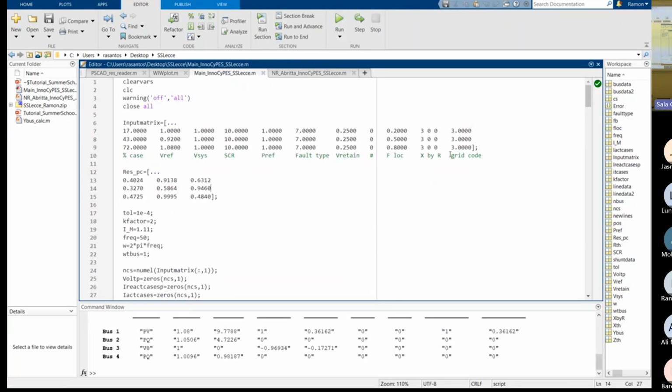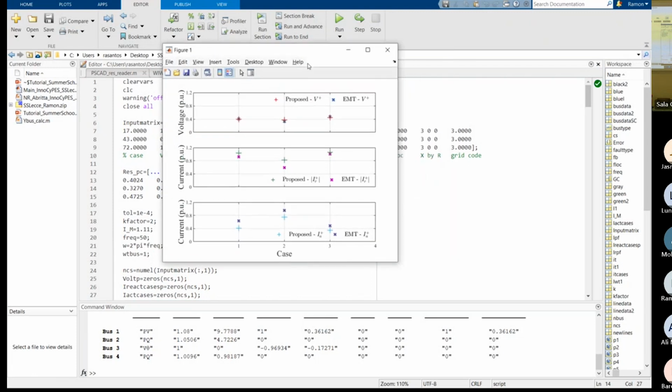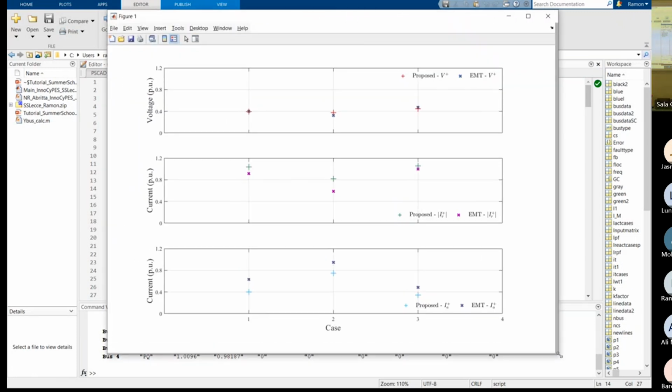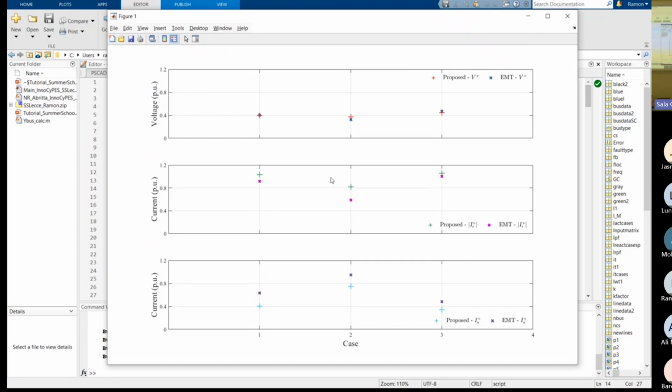So if I run this code, if we take a look here, the small axis here, the blue, pink, and purple are the results from the EMT simulation for voltage, reactive current, and active current. You see that the voltage is more or less okay, but the currents are not good at all.